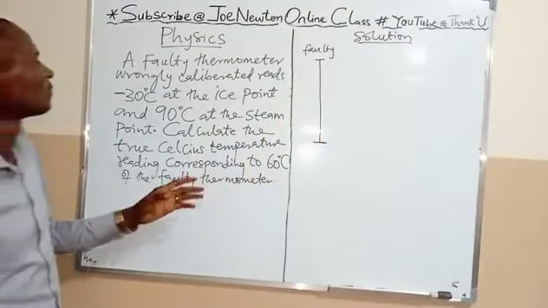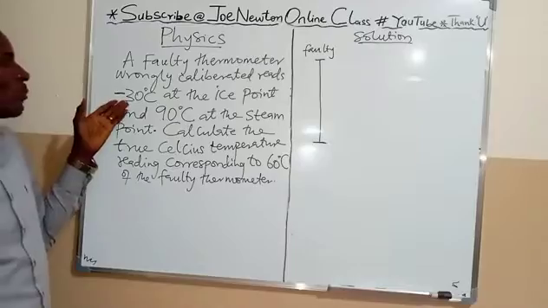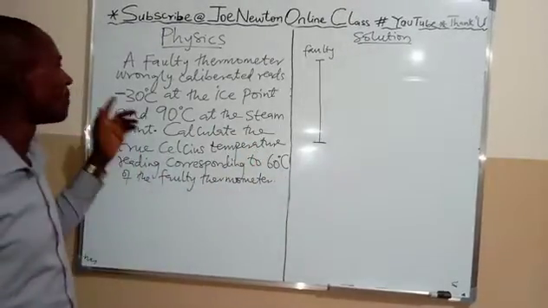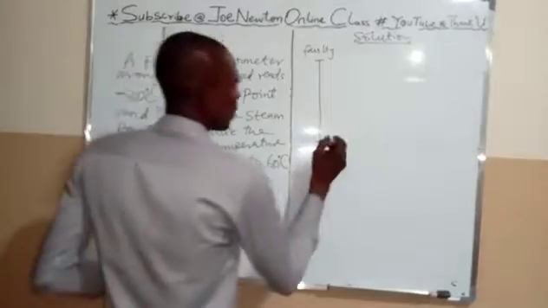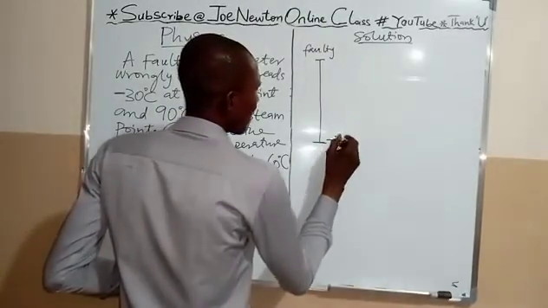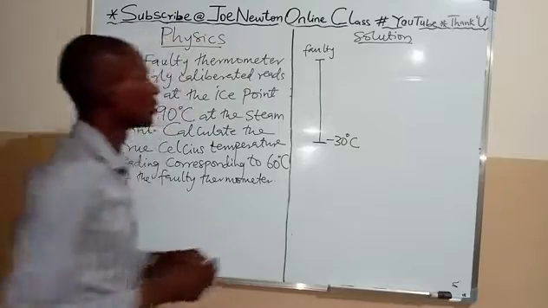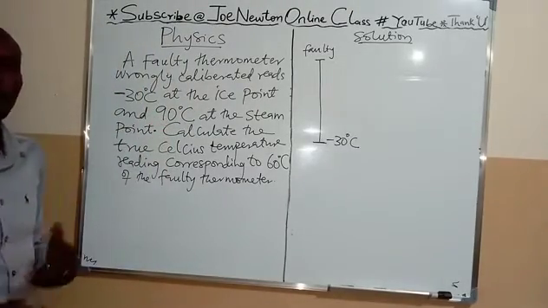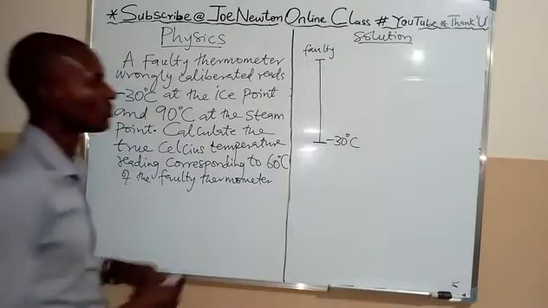And we are told that the ice point, that is the lower fixed point of the thermometer, reads minus 30 degrees Celsius. Then we are told also that the steam point, that is the upper fixed point of that thermometer, reads 90 degrees Celsius.